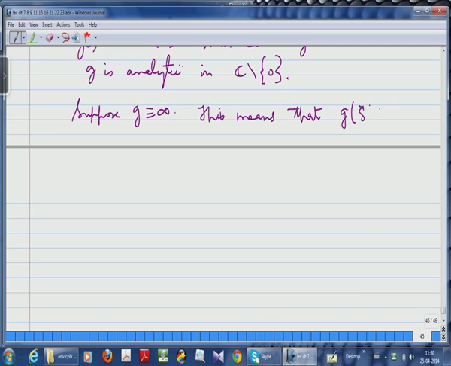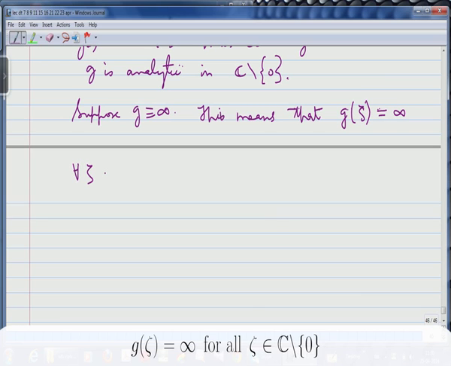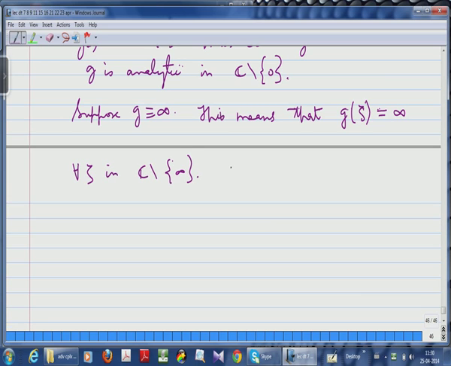G of zeta is infinity for all zeta in C minus 0. I will have to make use of the fact that G_n converges to G normally. It is not simply a pointwise limit of G_n's, it is more than that, it is a normal limit, so the convergence is uniform on compact subsets.